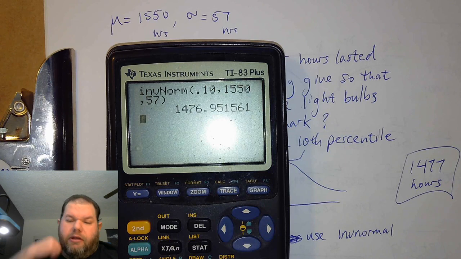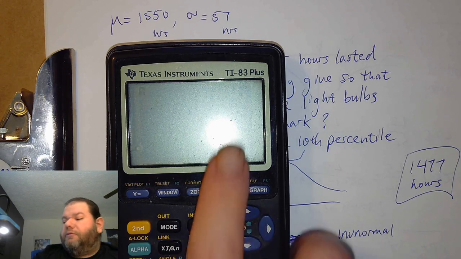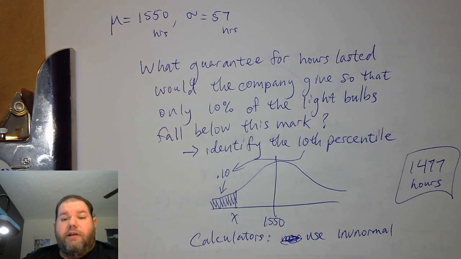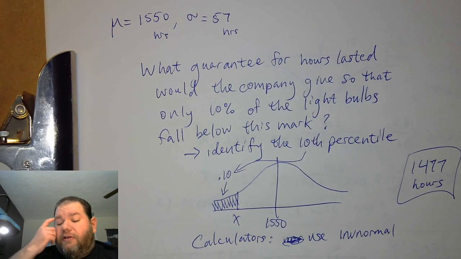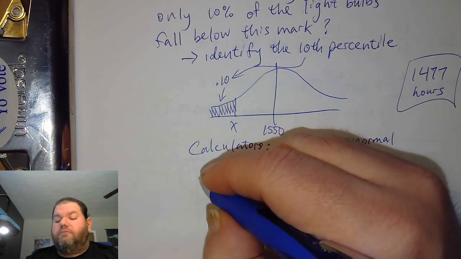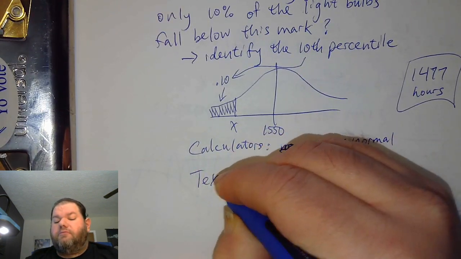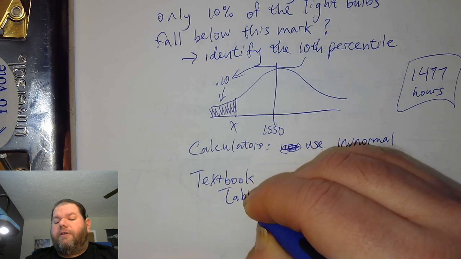Okay, now the only thing that remains is the textbook. So we do need to figure out how to do this in the textbook, and it turns out using the textbook instead of the calculators, it's a little bit more complicated. Specifically, we're looking at the tables here.